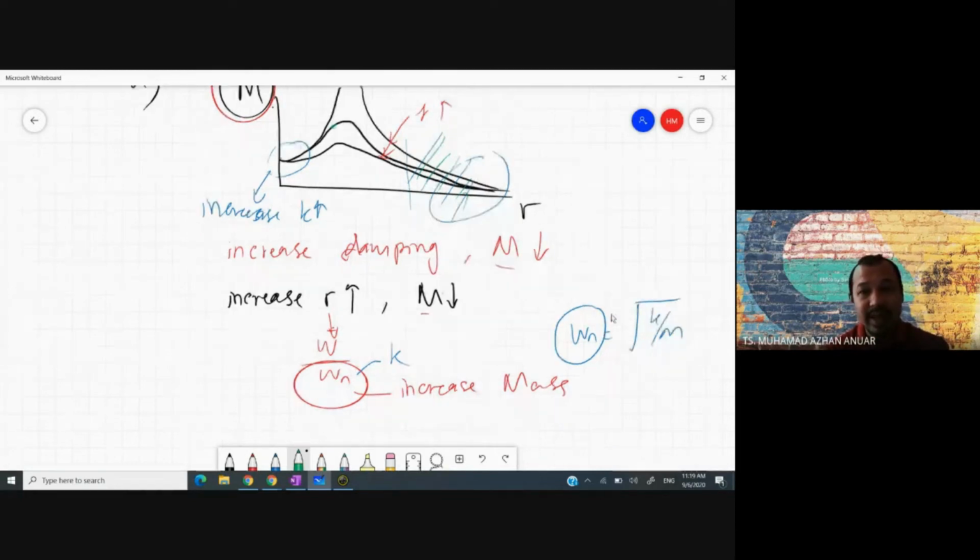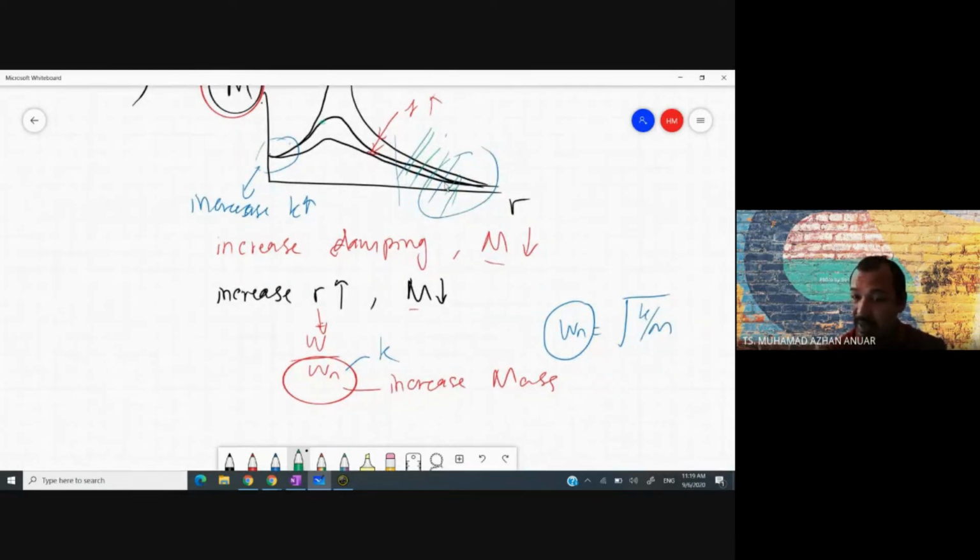Or you can control K here, but be careful, if you increase the K value over here, you will reduce the R value. When you reduce the R value, it might affect the magnification factor. So be careful if you want to give the suggestion.